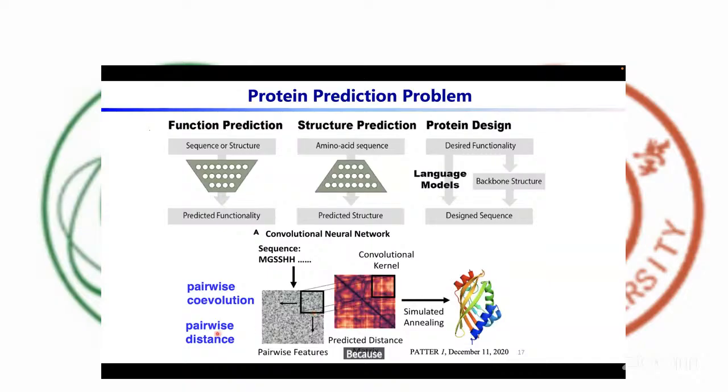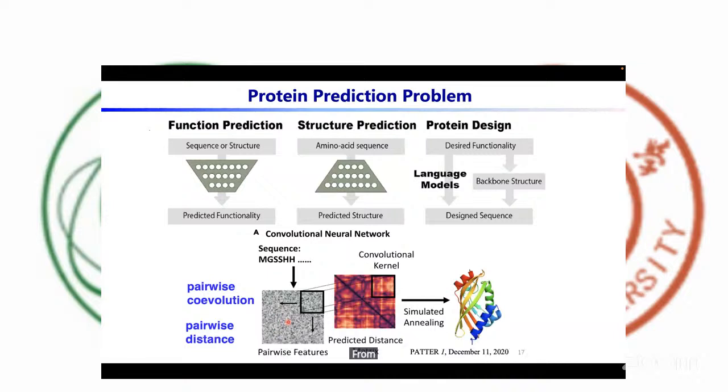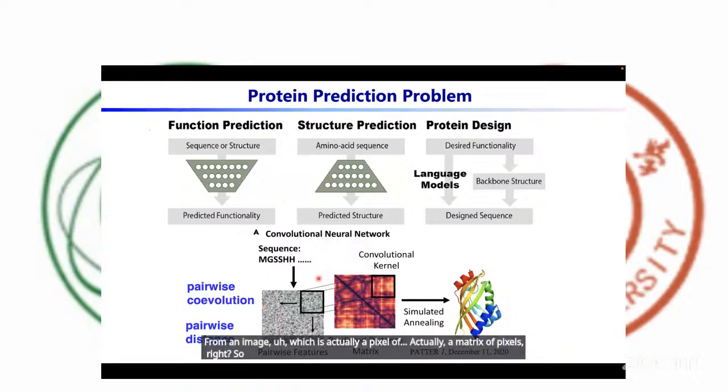Because we mentioned we have a local descriptor matrix, N by M, and we have the pairwise distance matrix. Those matrices are not really too different from an image, which is actually a matrix of pixels, right? So essentially you can apply CNN.